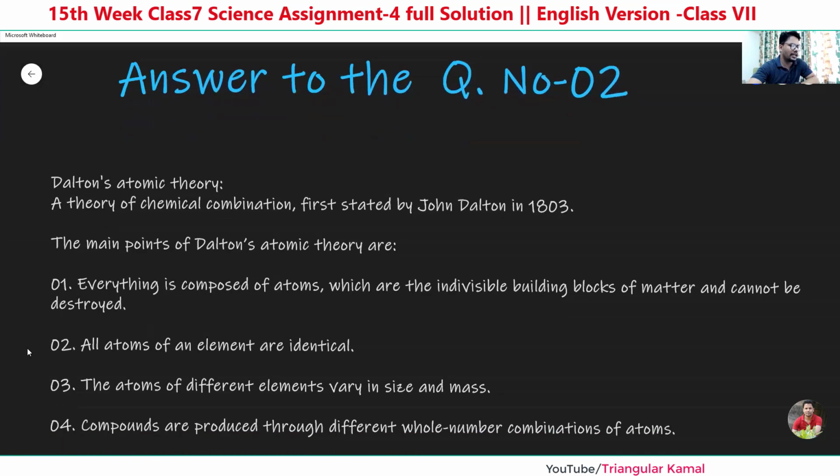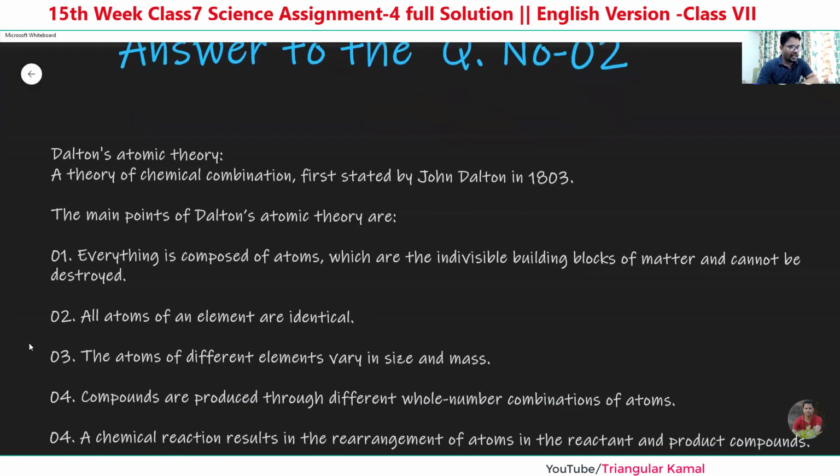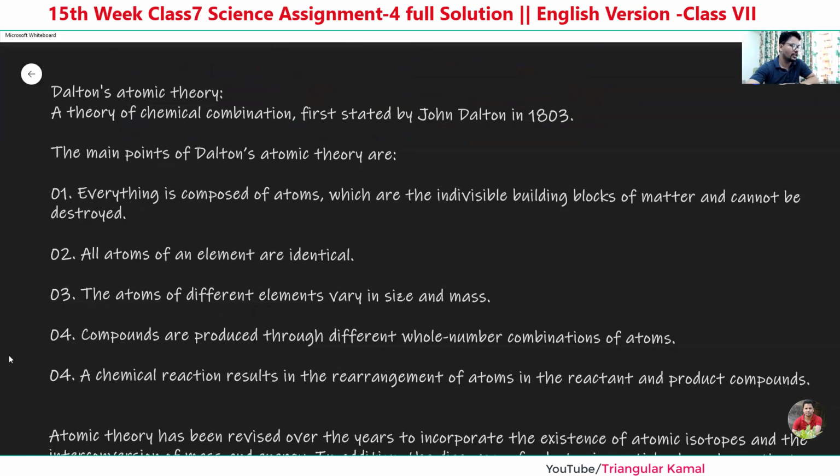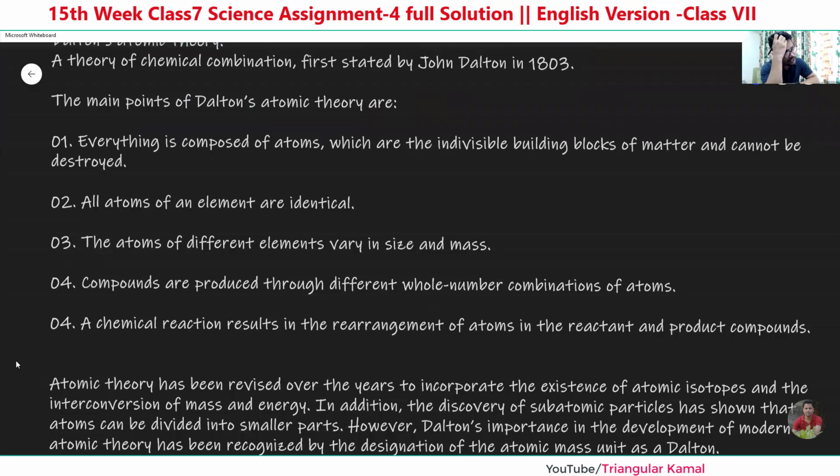All atoms of an element are identical, and the atoms of different elements vary in size and mass. Compounds are produced through different whole-number combinations of atoms. Number 4, a chemical reaction results in the rearrangement of the atoms in the reactants to produce the compound.